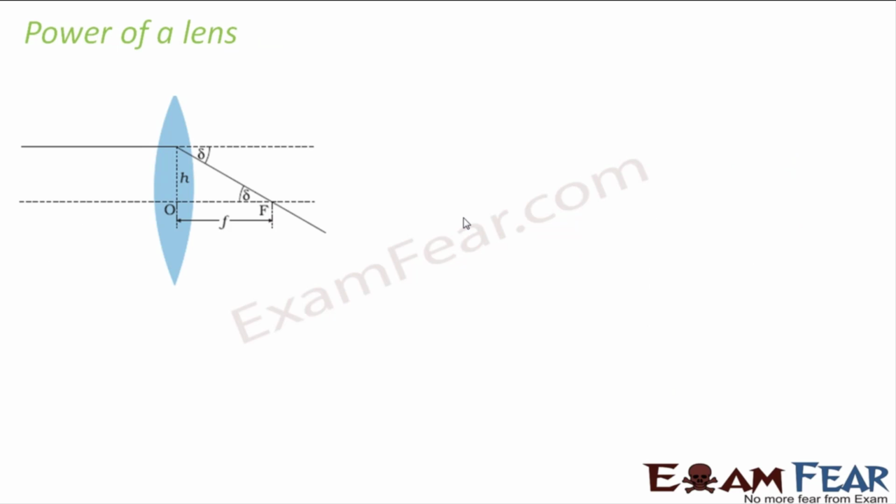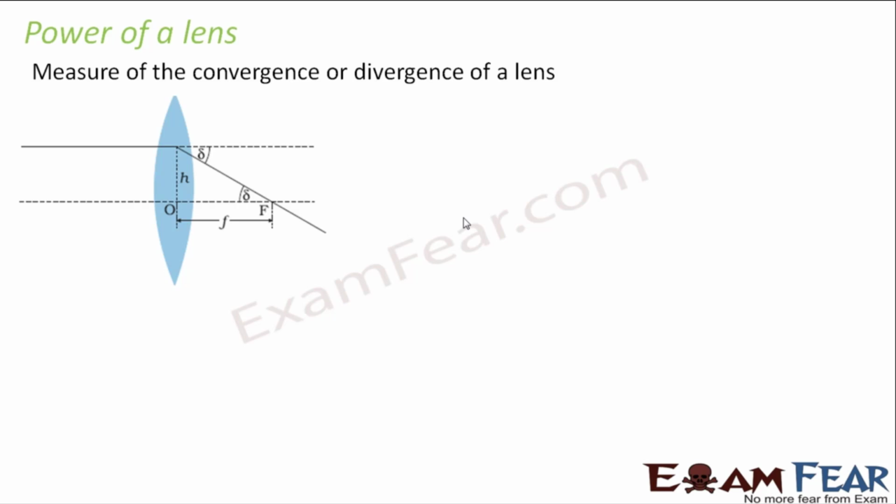Let us now talk about power of a lens. Power of a lens is the measure of convergence or divergence of a lens. Whenever we talk about power of a lens, it means the capability of the lens to converge a beam of light or to diverge a beam of light. Let us suppose I am talking about a converging lens: to what extent can it converge a ray of light is measured by the power of the lens.